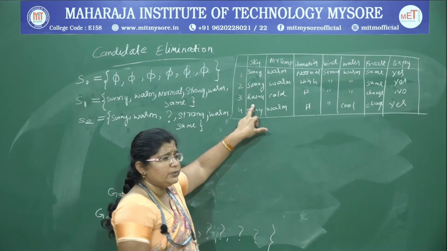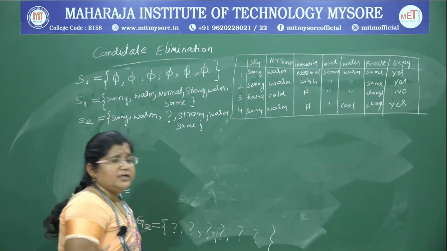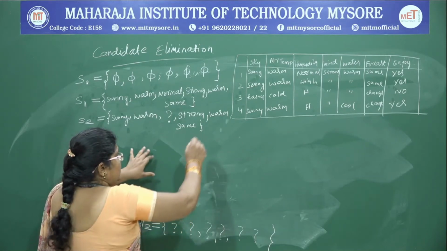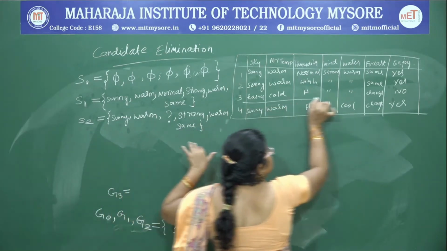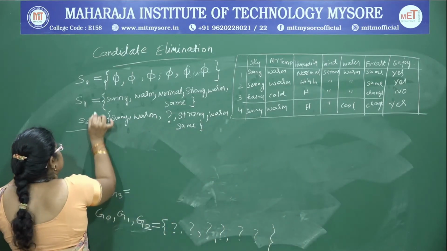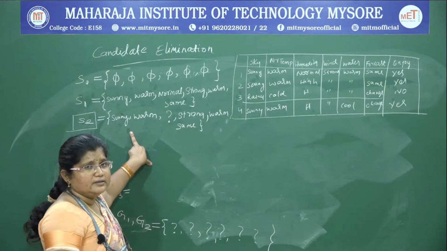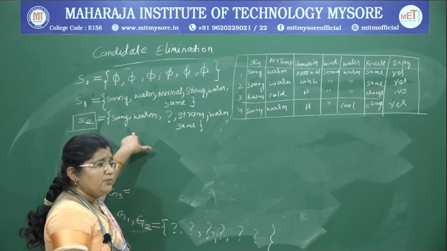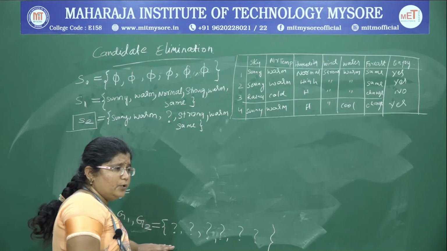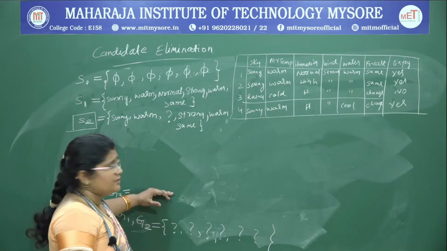So now let us look here. We have got 6 attribute values. The next step is we need to compare this third training example with S2, the hypothesis which has been created. By this we need to move from general to a specific hypothesis.